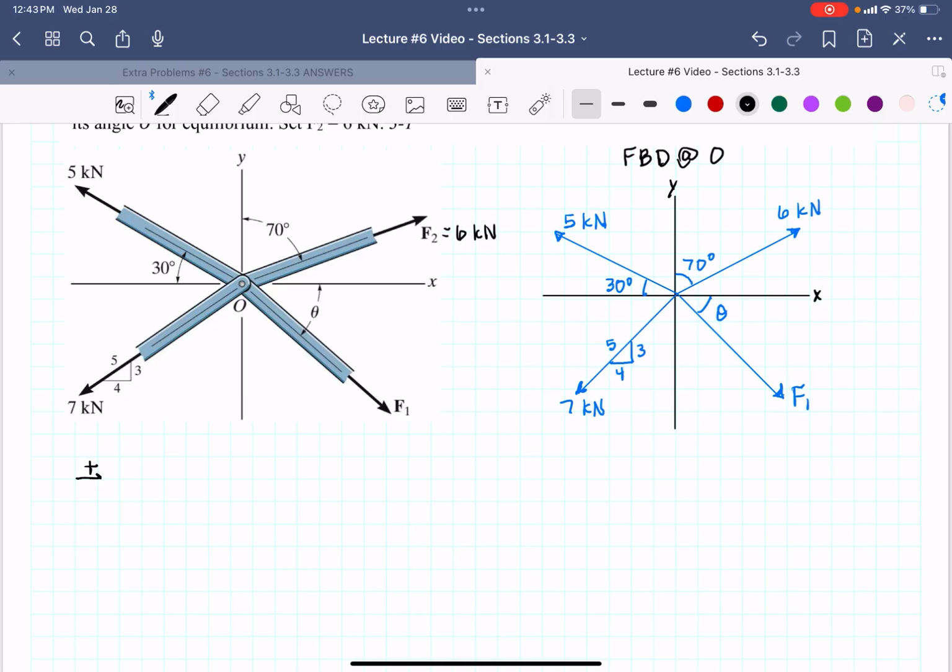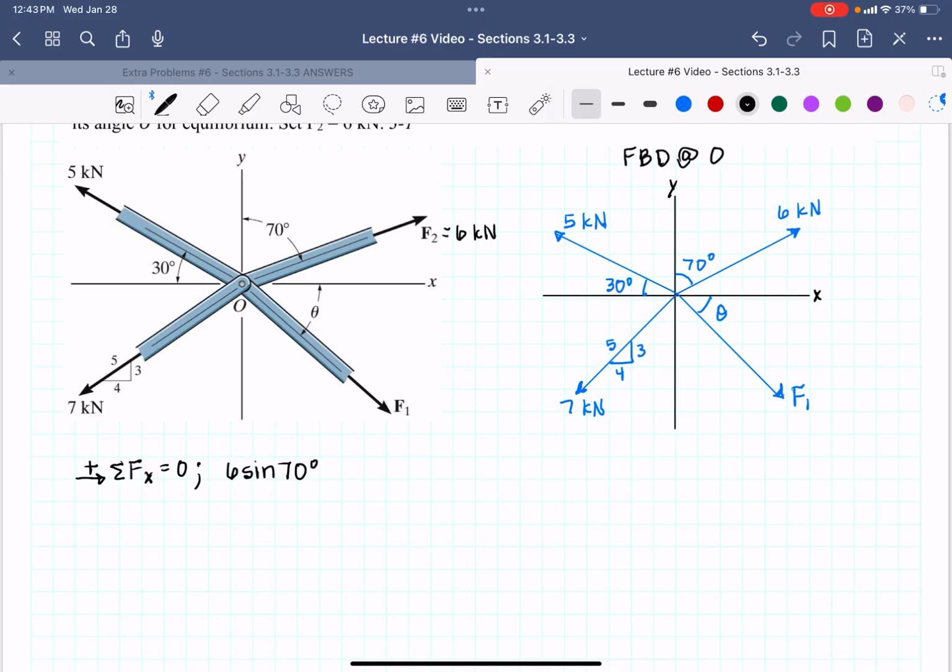So I'm going to say positive is to the right. I'm going to sum the forces in the X. I know they're equal to 0 because it's in equilibrium. So the first one I'm going to have in the X is the 6 positive, and it is going to be the sine of 70 degrees.